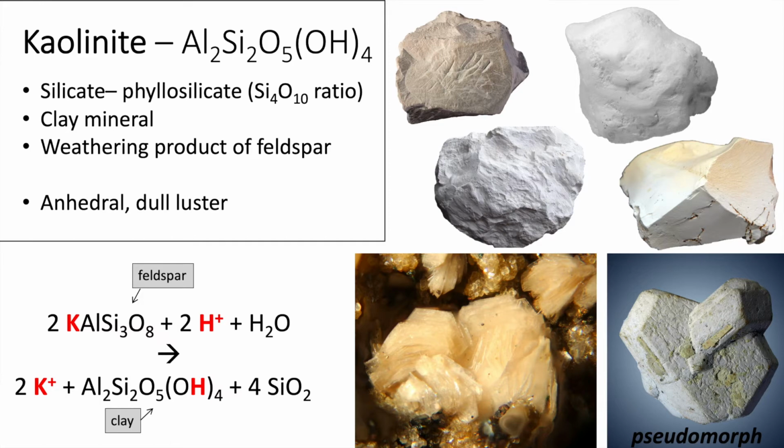It's being shoved into a crystal form that already existed. So it is a false shape in that kaolinite on its own naturally would not form that shape, but it's almost like it has a mold or a template that it's able to fill in from the original feldspar material.